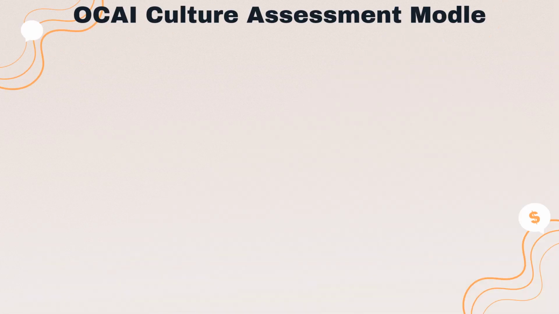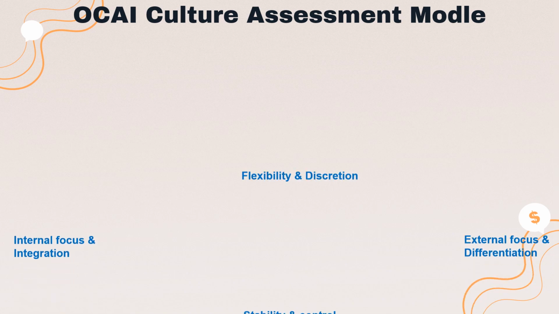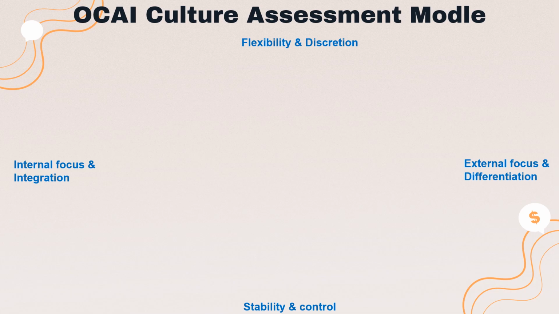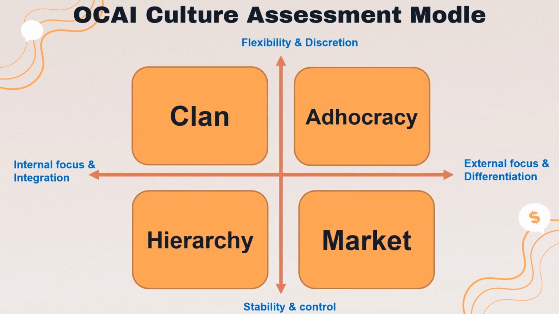Through research, Cameron and Quinn determined that effective companies are based on two sets of observed values: internal focus or external focus, and differentiation: stability or flexibility. Then they put these four values on a matrix. The four resulting quadrants represent four types of organizational culture: clan, adhocracy, hierarchy, and market.